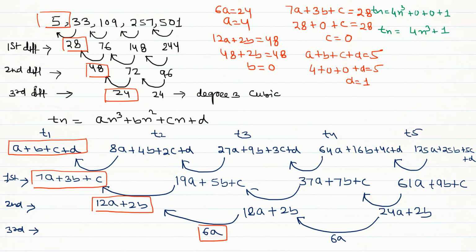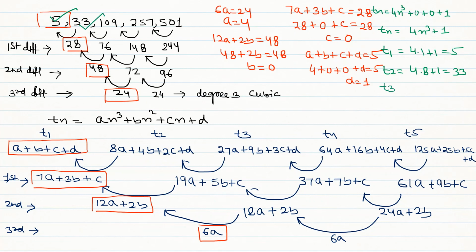Now the only thing left is to check whether we are correct or not. Let's put T1, n is 1, so it is 4 into 1 plus 1 is 5, and yes, the first term of my sequence is also 5. Let's say T2, now n is 2, so it is 4 into 8 plus 1, it must be 33, and yes, the second term is 33.